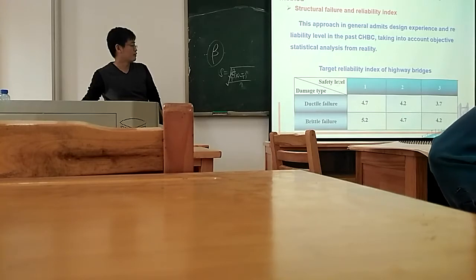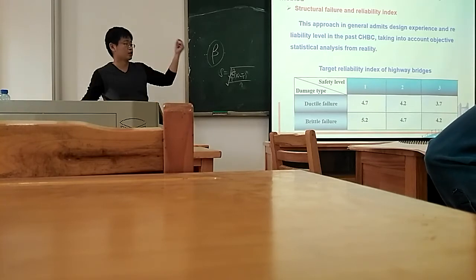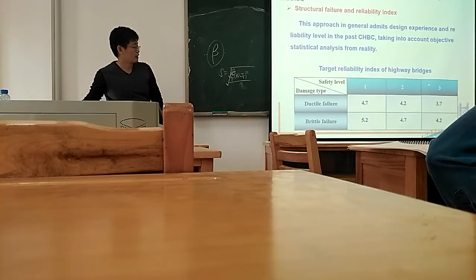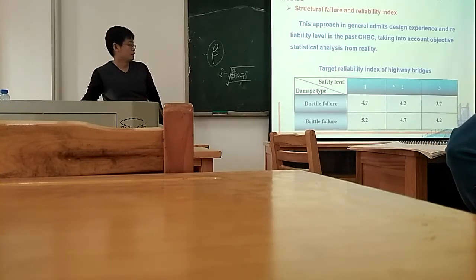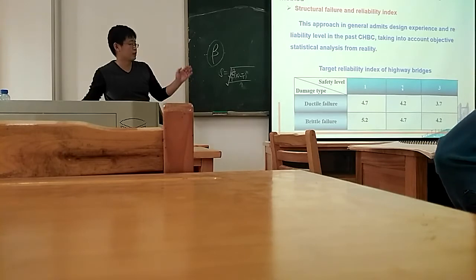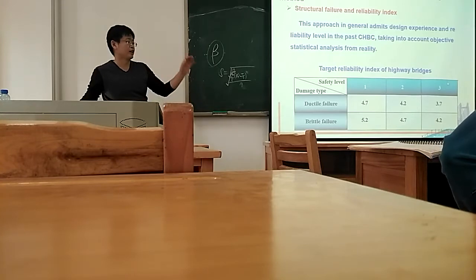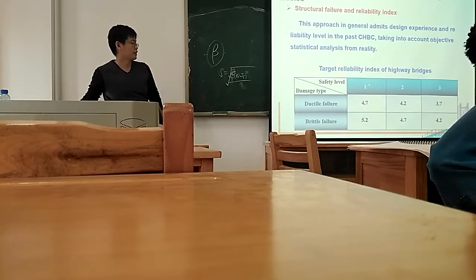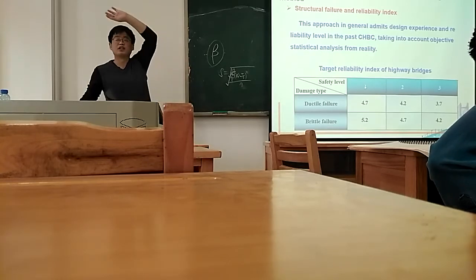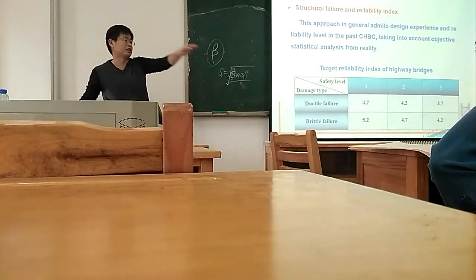For the safety levels, the first level is more strict. That means your structure is very important. The second level means your structure is important, and the third level means the structure is just a normal structure, not so important. Suppose the structure is a building in the university with lots of students.